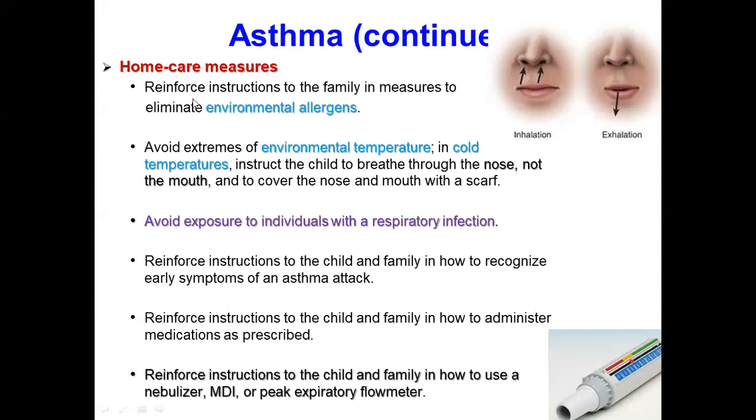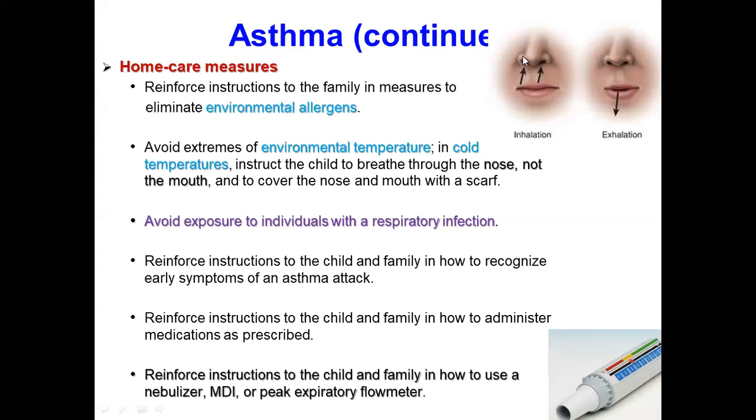So reinforce the instruction to the family and measures to eliminate environmental allergens. Avoid extremes of environmental temperature. In cold temperature, instruct the child to breathe through the nose, not the mouth.